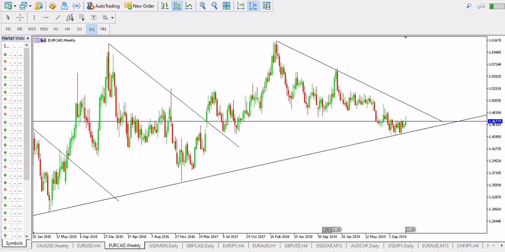There was some sort of stop here, which means there is some sort of resistance or support around this area, which could be sensitivity. So I'm gonna draw my sensitivity area around this block. So this should be good enough.